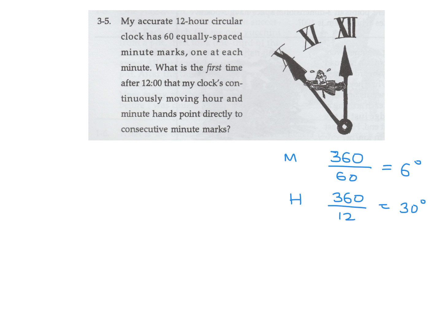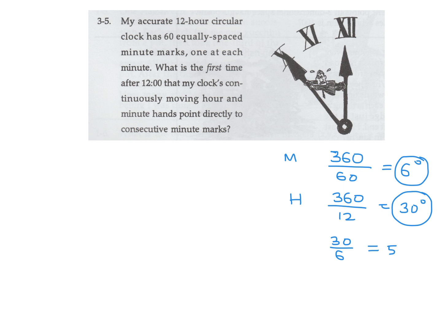Now, we need to give some examples to illustrate what's going on here. If you look at these two numbers, we have to get a kind of a ratio. So that ratio is obviously 30 to 6, which is 5, right? Yeah, that ratio is 5.